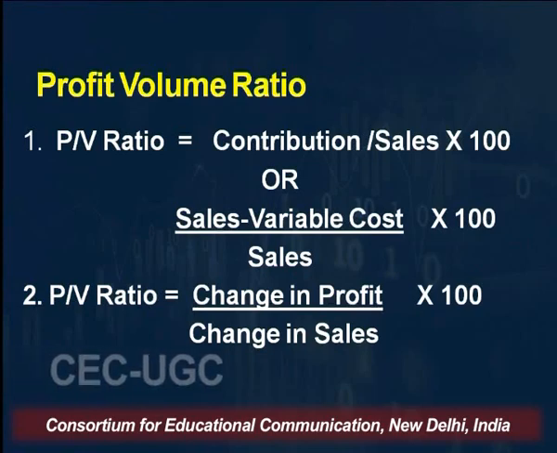My dear students, for that you will have to know the second possible formula of PV ratio, which says change in profit upon change in sales into 100. So your numerator is change in profit, your denominator is change in sales, into 100.